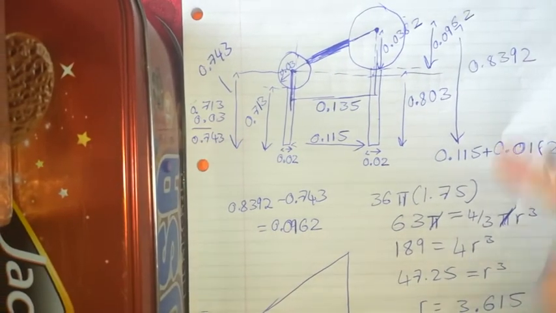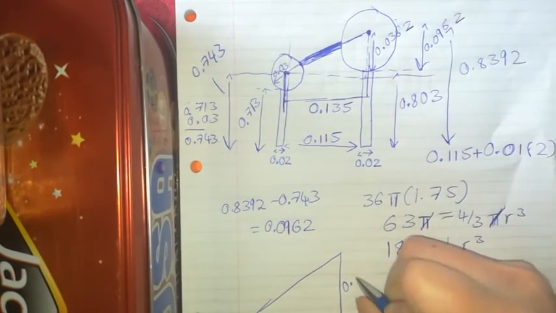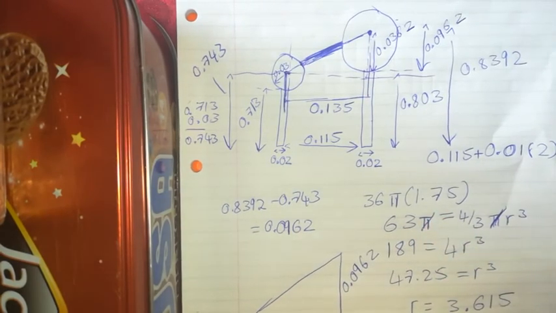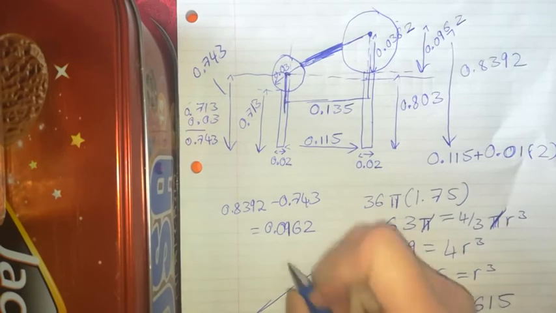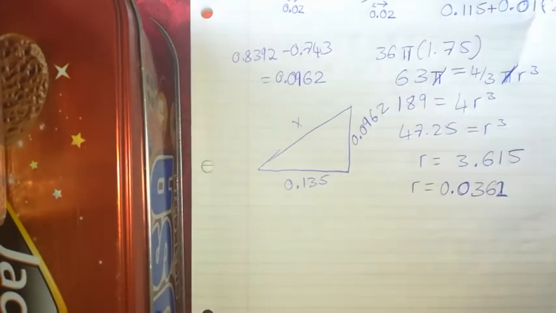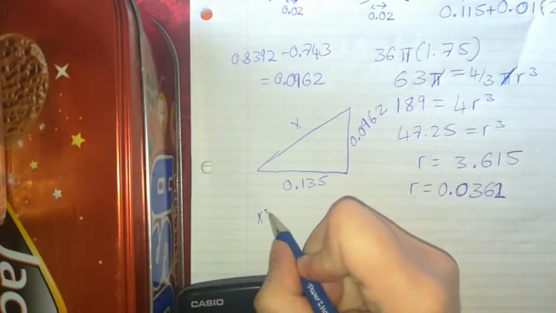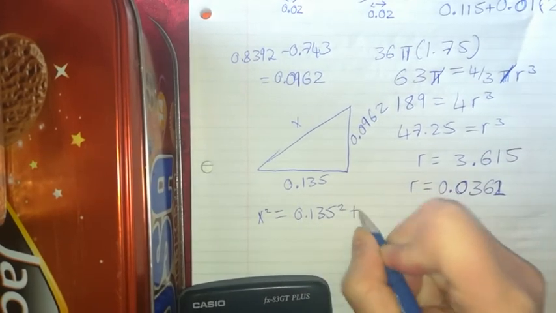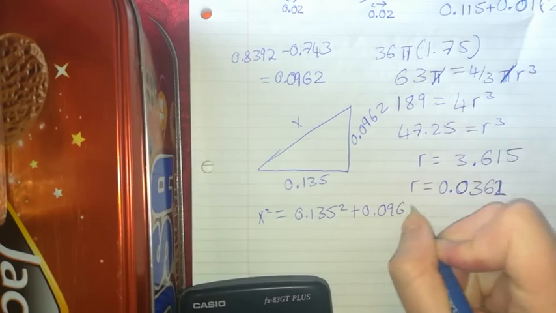So I got that this length here was 0.0962, and this was 0.135. If I want to get this distance here, x, then x squared is going to be 0.135 squared plus 0.0962 squared.